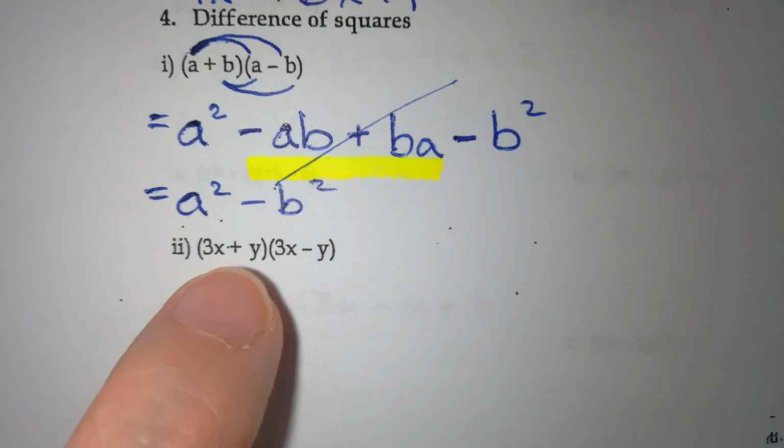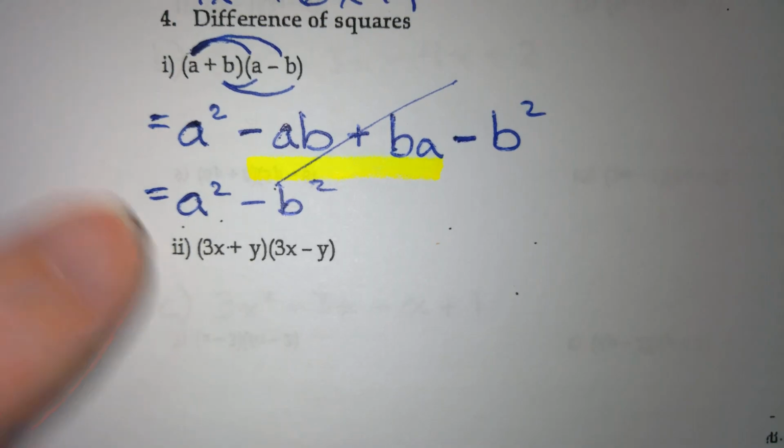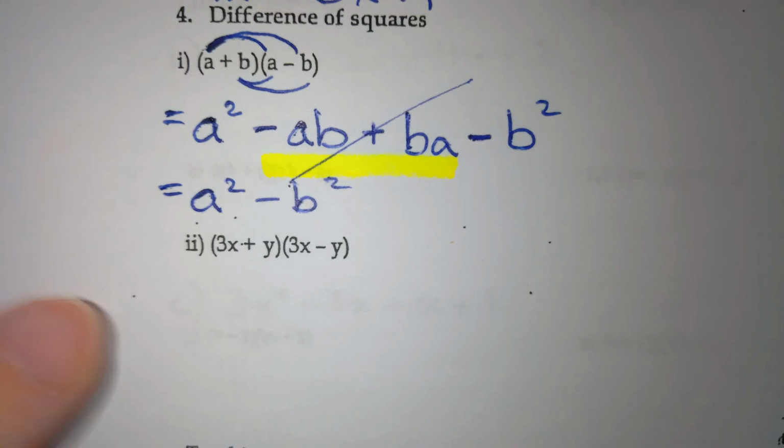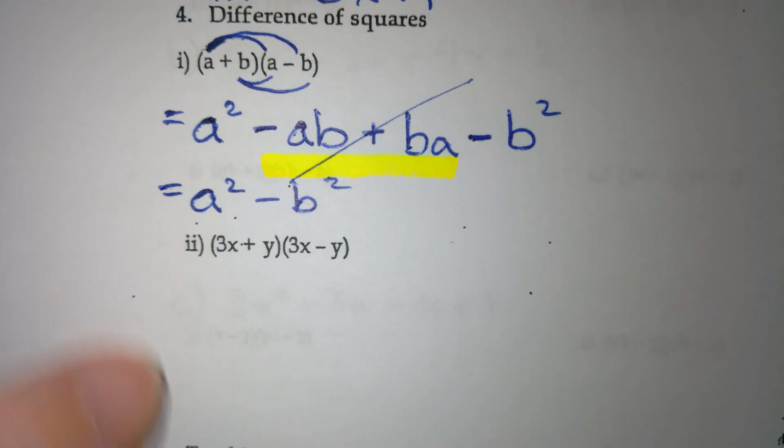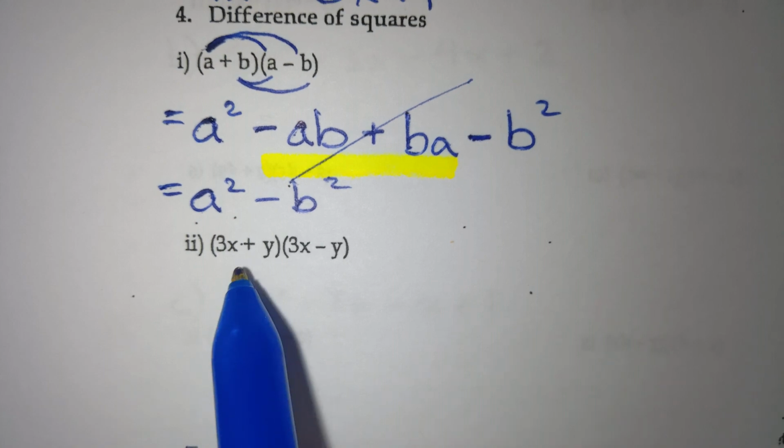How many of you say this is the same format as this? Difference of square. 1, 2, 3, 4, 5, 6, 7, 8. Okay. Who says no? This is very different from this. Okay. So those 7 people are correct. This is a difference of square.